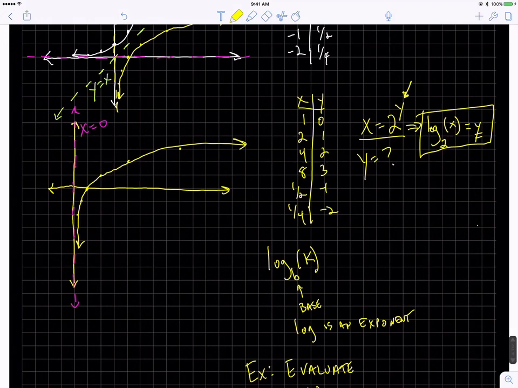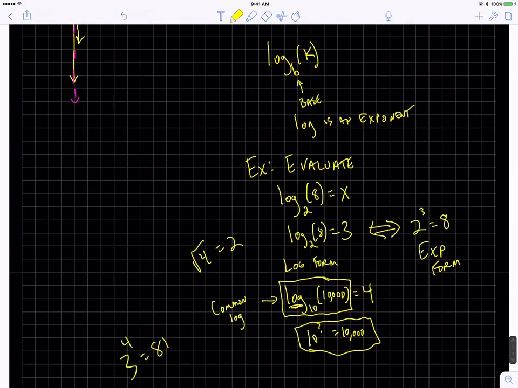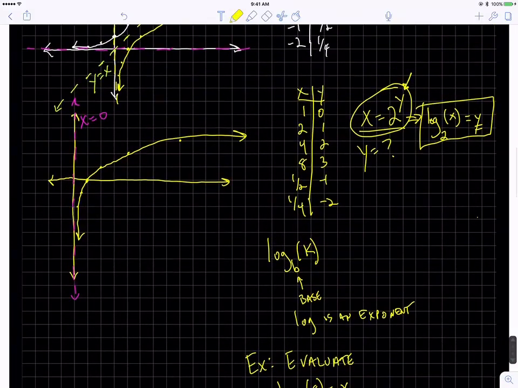Remember, this means what is the exponent of base 2 that equals x? So that's what's going on over here: 2 to what exponent y equals x. That's how you rewrite it, just like we did below. It made more sense there because there were numbers. So the inverse of y equals 2 to the x, if I switch the x and the y and find the inverse, is y equals log base 2 of x.